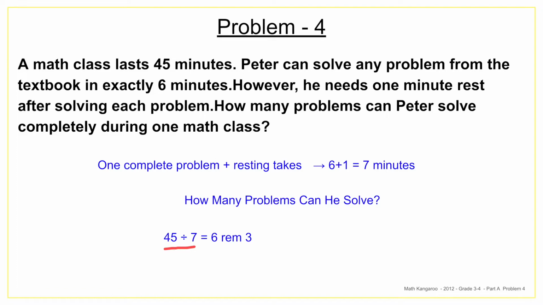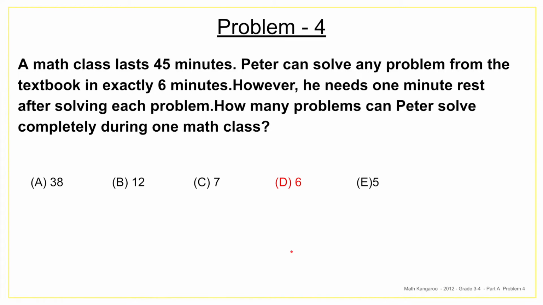So 45 divided by 7 gives us 6, remainder 3. So we round down to 6 full problems. He will have 3 extra minutes left, but that's not enough for another full problem. So our answer is 6 full problems. That is option D, 6.